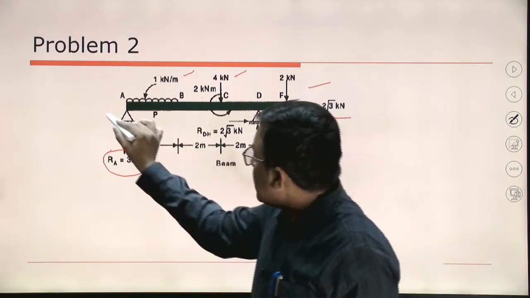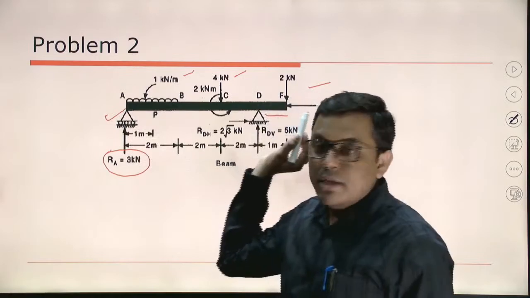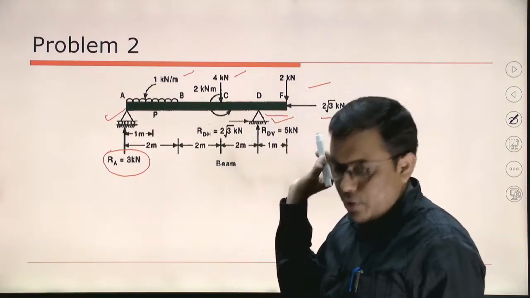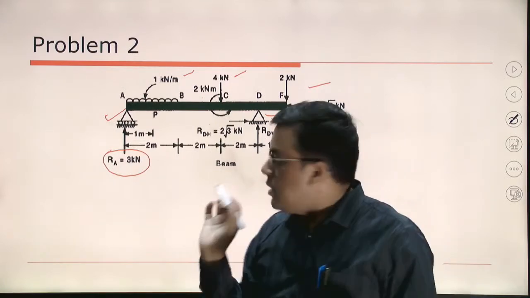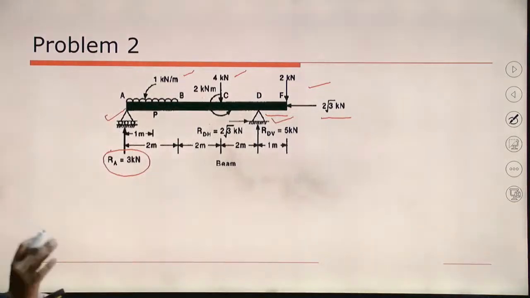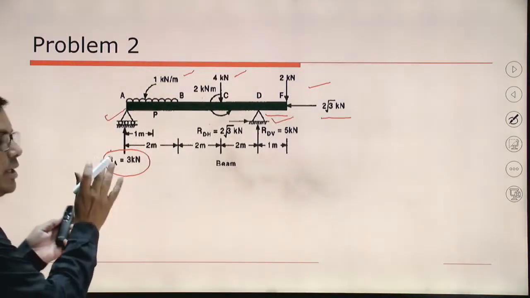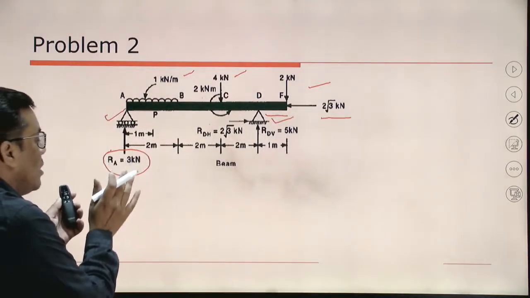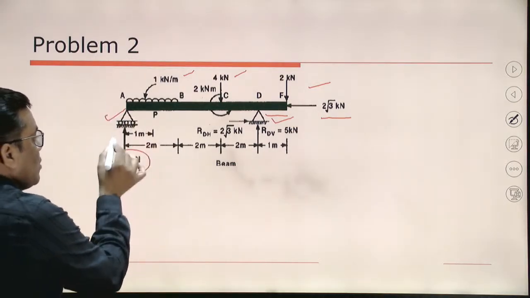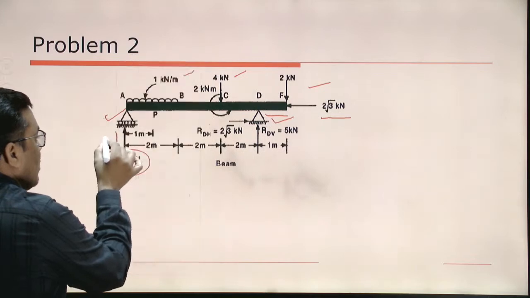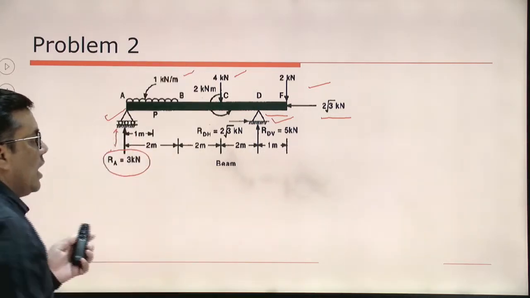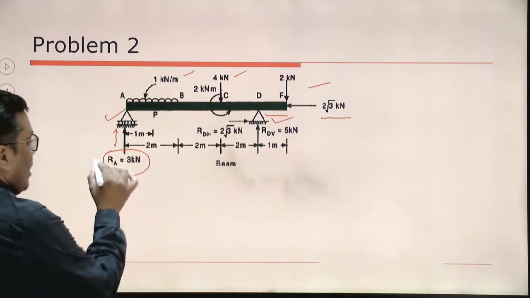What are the types of supports? Here it is a roller support, and here it is a hinge support. Roller and hinge support, clear. So, now I am coming to the point: draw the free body diagram for this beam. I have to remove this roller support. Whenever I remove this roller support, it will be replaced by one vertically upward reaction, which is written here as RA.